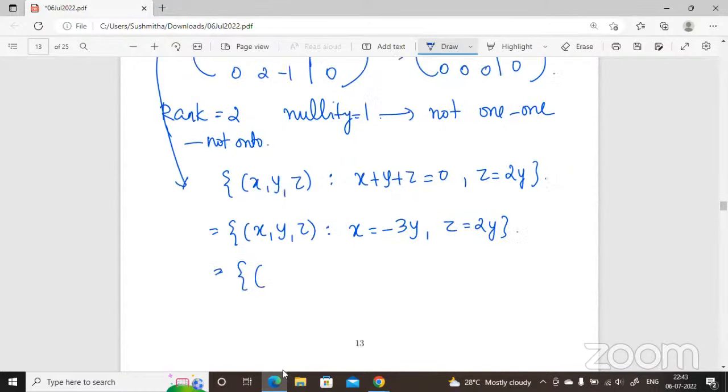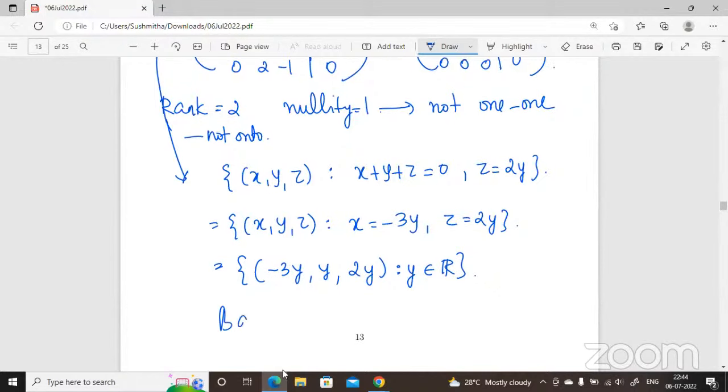So I can write it as (minus 3y, y, 2y). Clearly nullity is 1, so there should be only one free variable. We got only one free variable, right? So the basis we can choose is (-3, 1, 2). Correct.